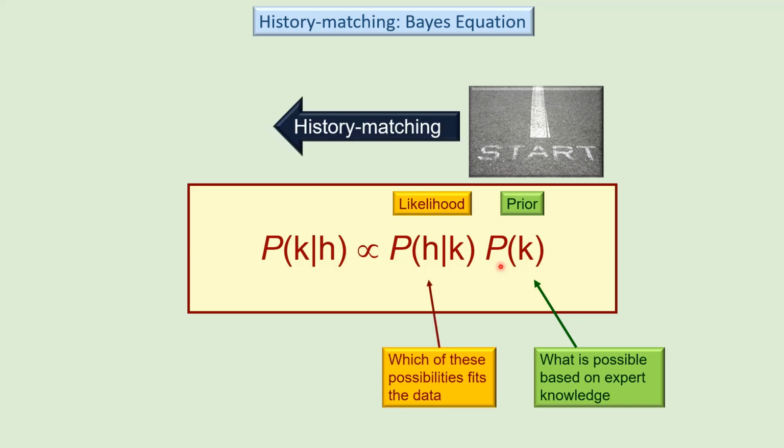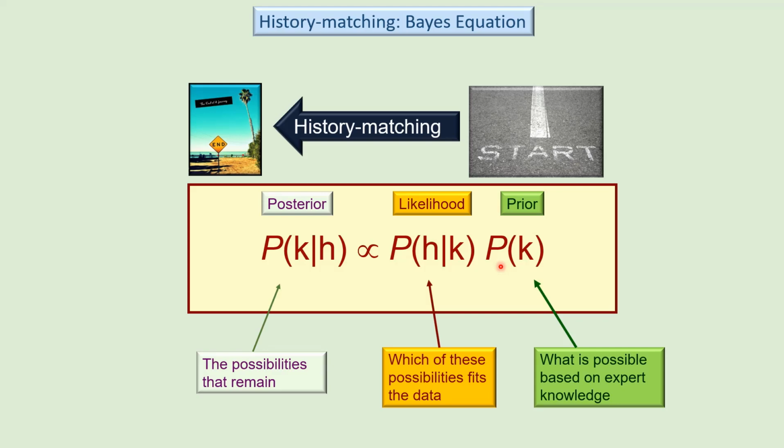Then we do the history matching. And Bayes' equation says the outcome of history matching is a so-called posterior probability distribution of parameters and predictions that a decision support model is required to make. Bayes' equation says that history matching does not eliminate predictive uncertainty.